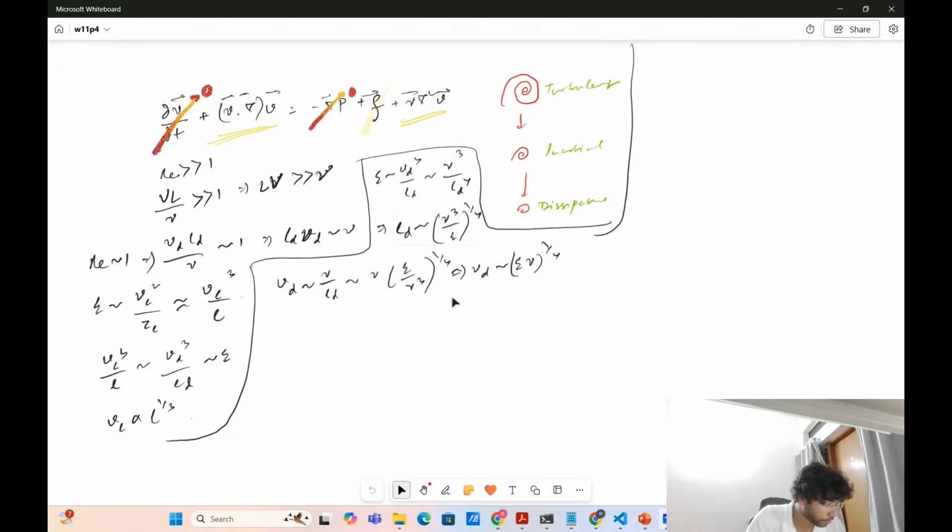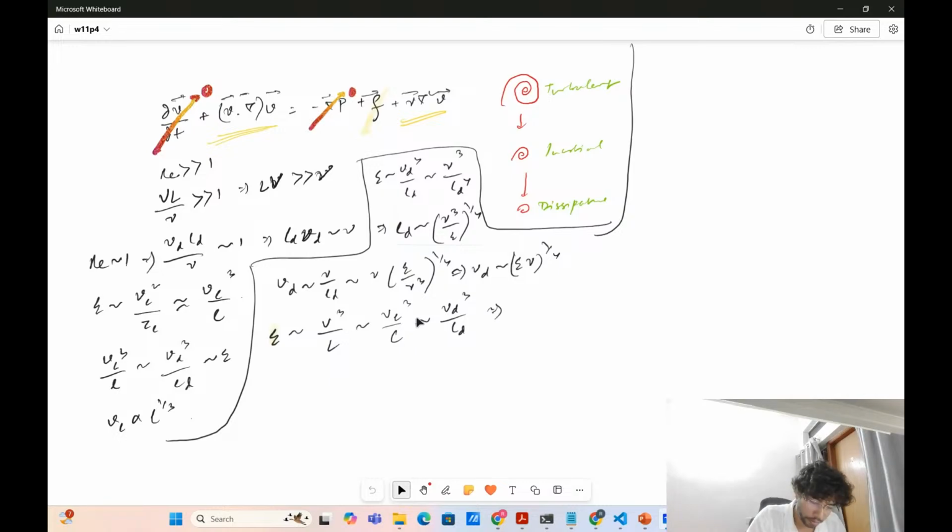Right. So epsilon, as I say, remains constant even in the turbulent regime, in the inertial regime, and in the dissipative regime. So this is constant throughout.